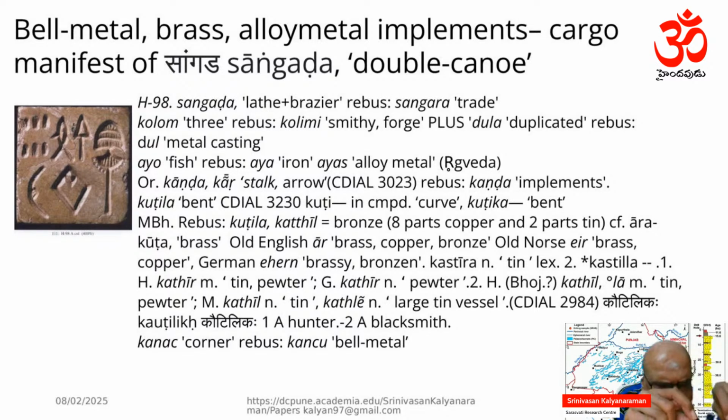Kuti is a smelter. So, a smelter dealing with this katil, bronze, pewter, bronze and brassy. It can be brass, bronze, it can be brassy, or it can also be a combination of both copper and tin, which makes it bronze. Next, please.